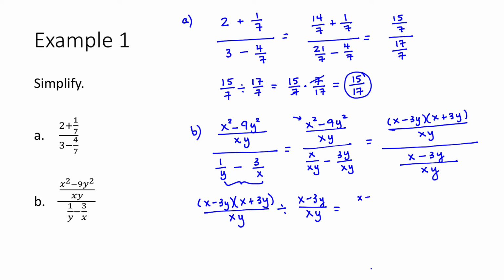Now I can change to multiplication and take the reciprocal and do my canceling. And so we end up with x plus 3y in the top, and that's it. So that's my final answer.